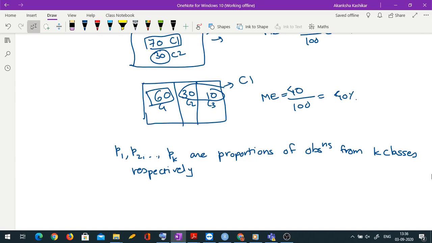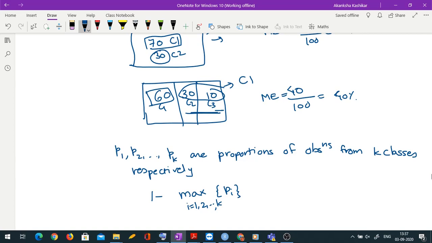We have to keep the largest proportion aside and everything else would be misclassification. So 1 minus the maximum over pi, i going from 1 up to k. Please check if it is correct.